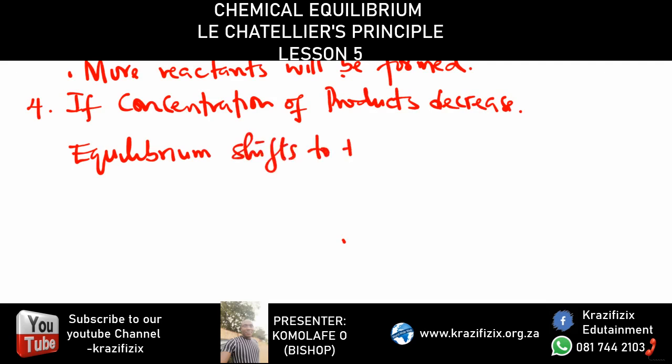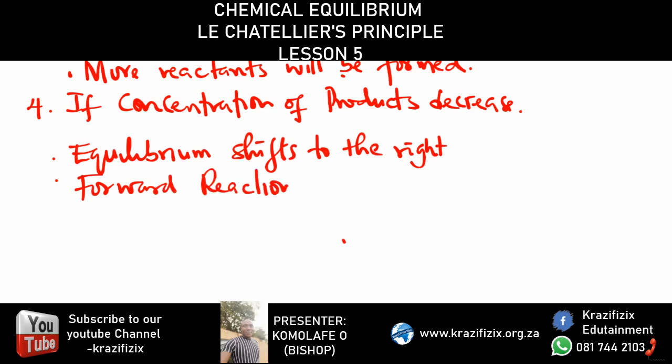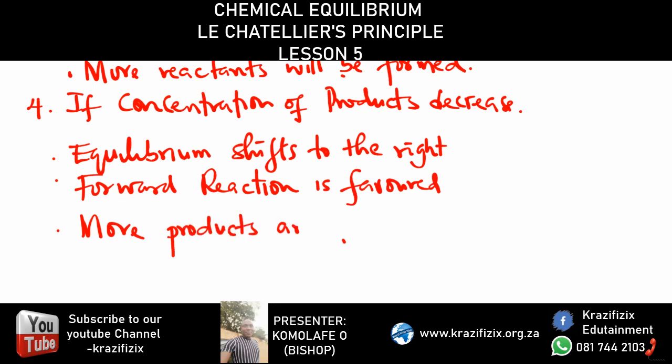To the right. Forward reaction is favored. And more products are formed. Remember, the Kc value remains the same. I'm going to look at graphs as we go on.